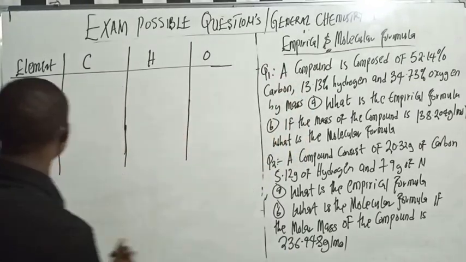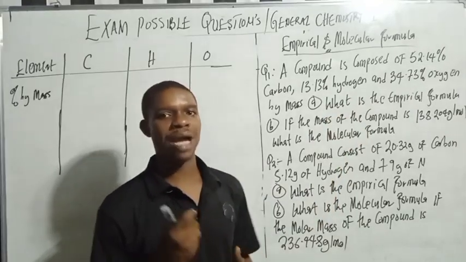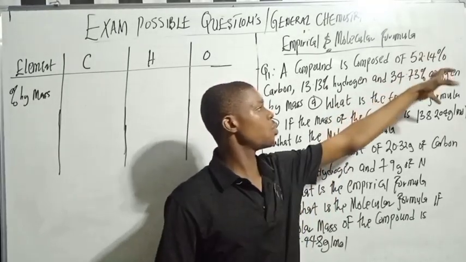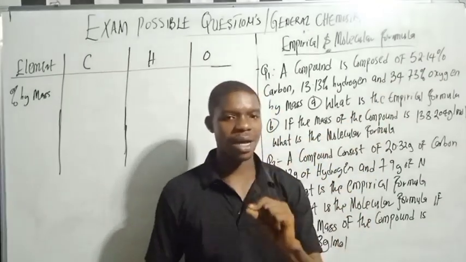Yes, everything here is 100. So it's called percentage by mass, when the mass is like 100%. So you are going to use it as mass in the equation.